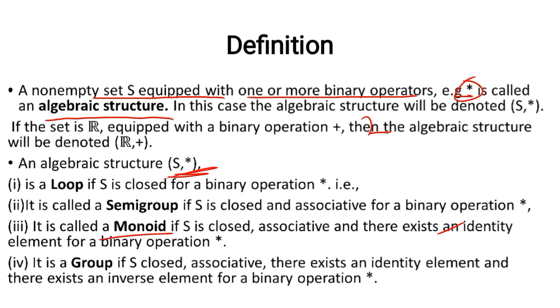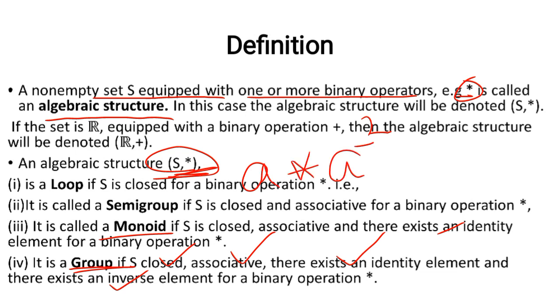The next definition you need to know is what we call a group. For this algebraic structure to be a group, it must be closed, it must be associative, there must exist an identity, and there must exist an inverse. Meaning that, given the identity, if I have an element A, there will exist an inverse, say A inverse, such that A asterisk A inverse gives me back my identity.